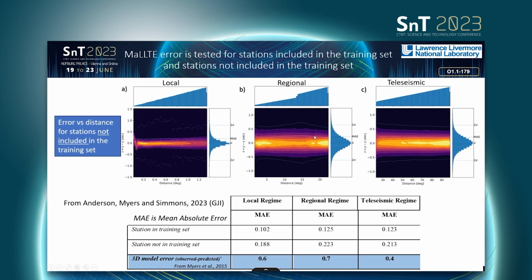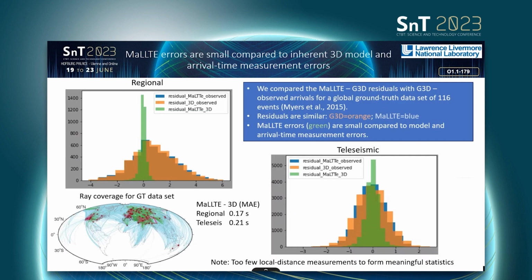And then I've got some statistics down on the bottom that show the MAE, the mean absolute error, in these different distance ranges. You can see that it's a couple tenths of a second, and based on our previous studies, the mean absolute error for the 3D model is around 0.6 to 0.7 seconds. So this is a very small error for the machine learning method compared to the error of the model itself.